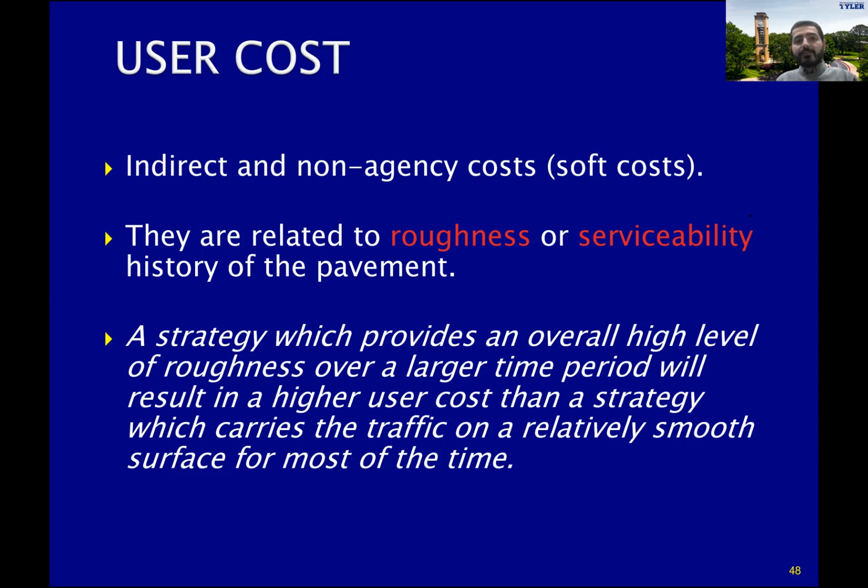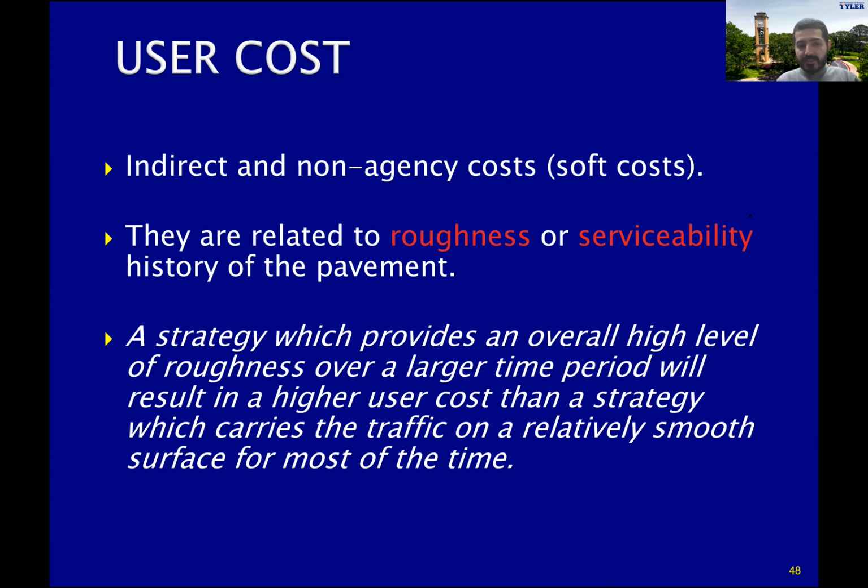They are very related, for example, to the roughness of the roadway or the serviceability history of that pavement. So it's very important that we include it because the ride quality has certain costs. It's gonna affect the ride quality as well as the cost of maintaining our vehicles if we're driving on a rough surface versus a smooth surface.